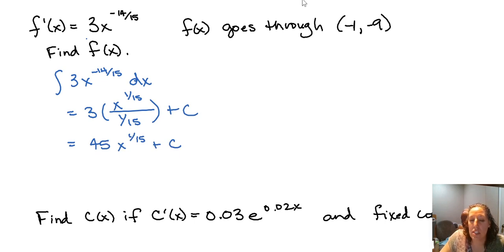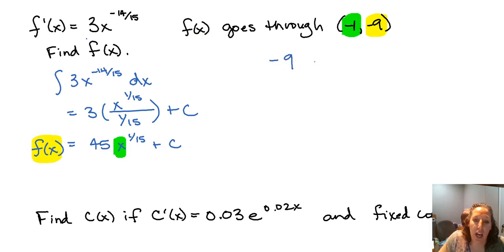Now we're going to use this initial condition and plug in our negative 9 for our function value. This is equal to f of x. So we're going to plug in negative 9 for that f of x, and negative 1 for our x, and we'll solve for c.